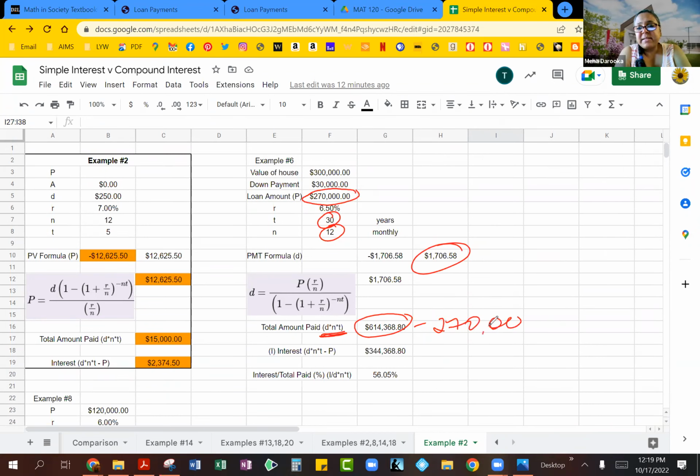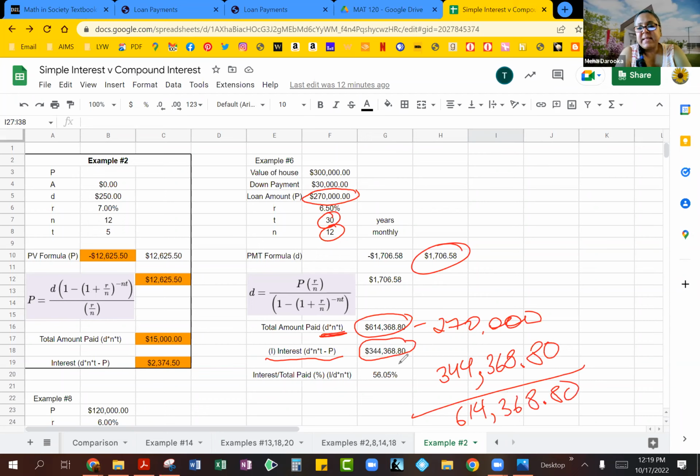That gives you your interest payment of 344,368.80, and then you divide the 344,368.80 by that total amount of 614,368.80, and that will give you this percentage. So that was the last part.